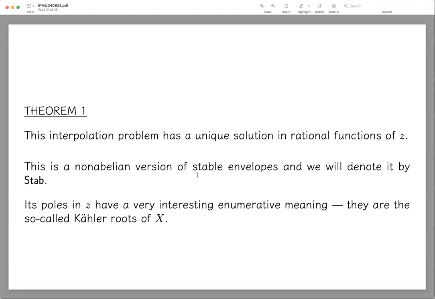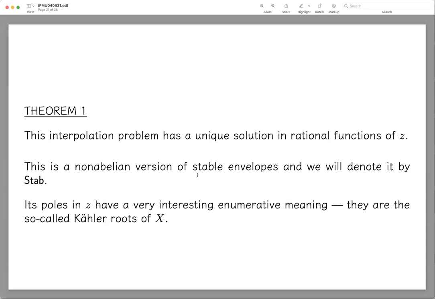But anyway, theorem number one says that this interpolation problem I discussed has a unique solution in rational, meaning meromorphic, functions of the variable z, with poles along interesting subvarieties, interesting divisors in the product, interesting sub-abelian varieties in what parameterizes z.